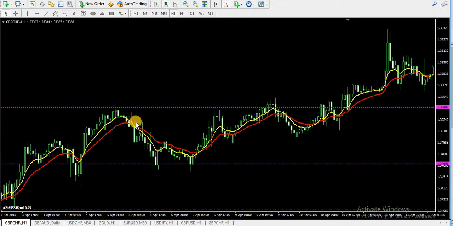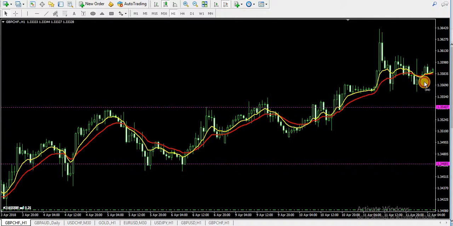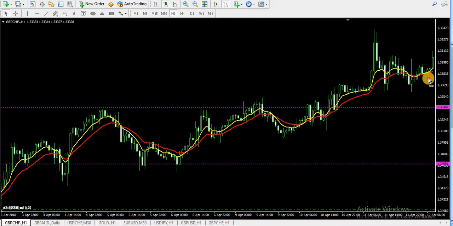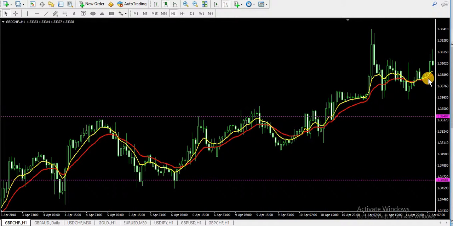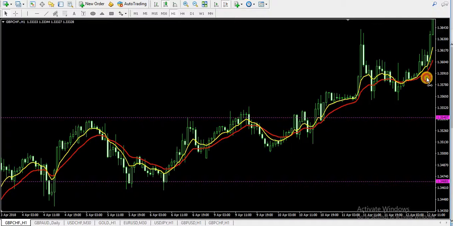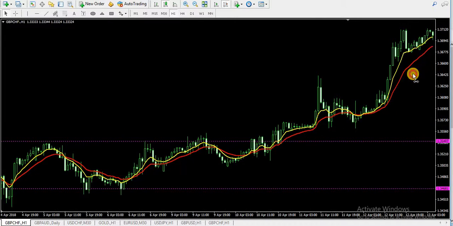It moved from there to up here, and then you would be waiting for something like this, the cross of these averages. So you wait up to this candle. Once you see the formation of a candle like this one here, your entry would be here. You enter it. As long as these averages are apart and it's in the direction of the trend, you are safe.